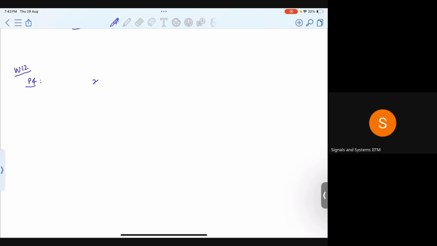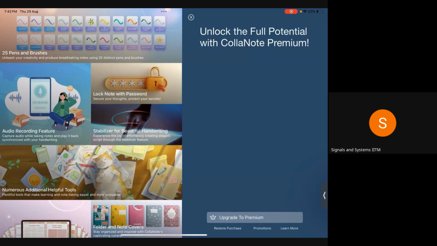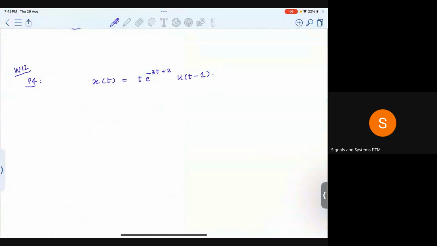Okay. So the given signal x of t is t e power minus 3t plus 2 times u of t minus 1. You're supposed to find the Laplace transform. Again, you have the exponential terms. So you know e power minus 3t u of t. First, try to get out the constants.